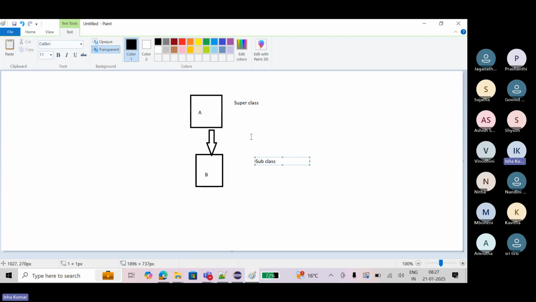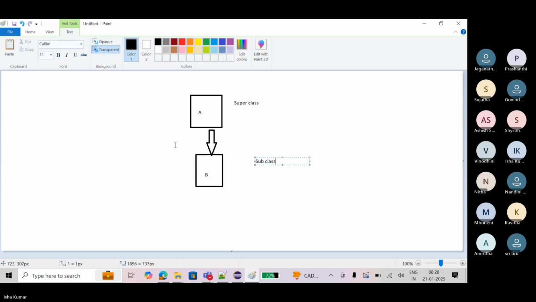So this is single inheritance. What do you mean by single inheritance? There will be only one direct superclass and subclass. Direct, there is nothing in between. In between A and B, is any class there? B is a child of A. That's it.